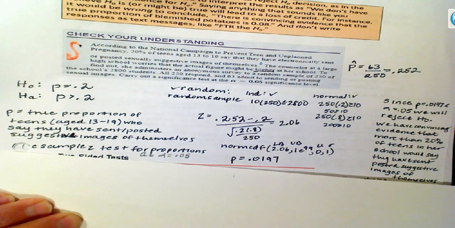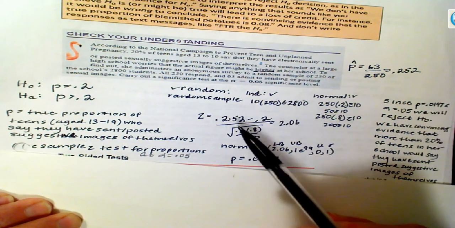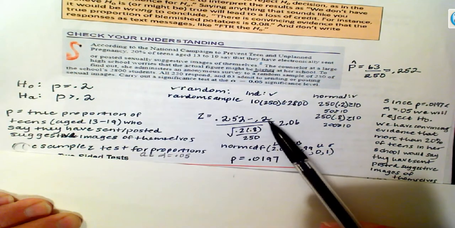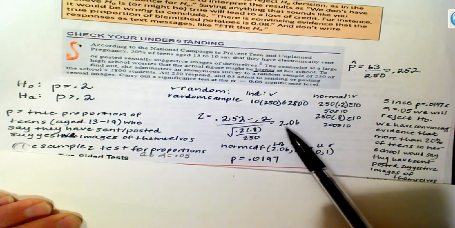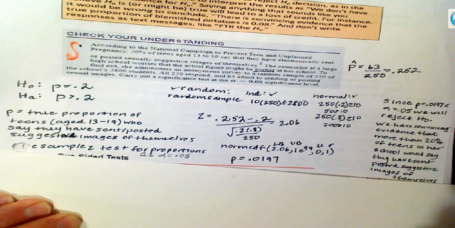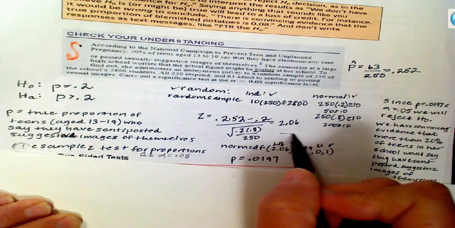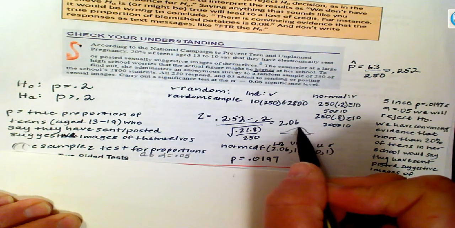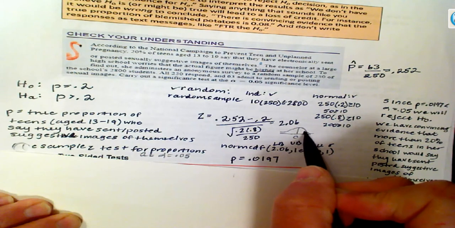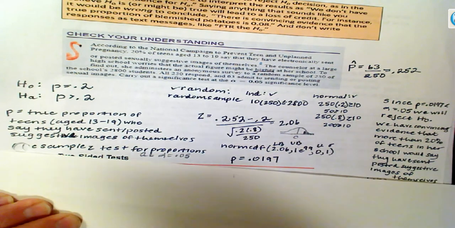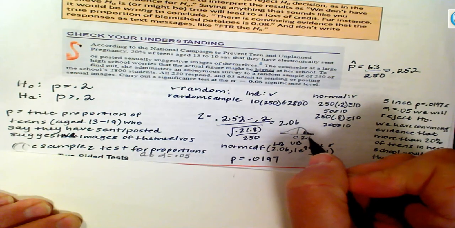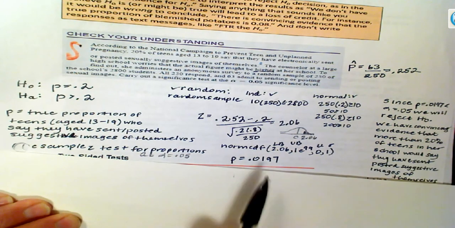Don't forget this is the only place that your p hat goes. This is from the hypothesis statement. I got a z equals 2.06. If you need to draw that out, I usually do. So it's this and above. There's my normal CDF, and there's my p-value.